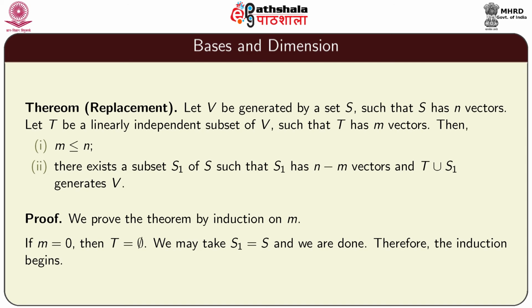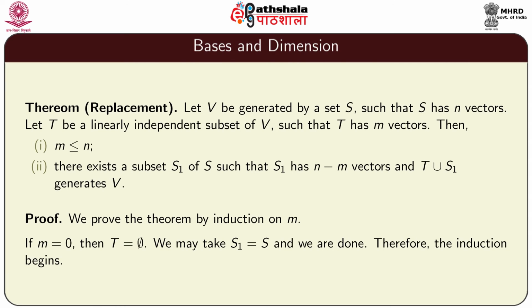So, we need a finite spanning set S, and we need a linearly independent subset T of V. If the number of elements in S is n and the number of elements in T is m, then m can be at most n.